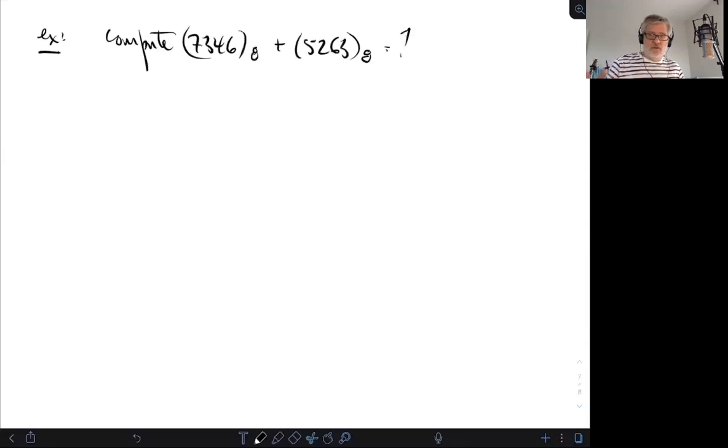Okay, so it's just a normal sum. I'll use the same method as in decimal or binary. So I just put these numbers one on top of another.